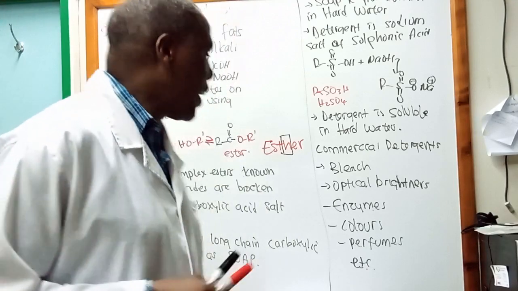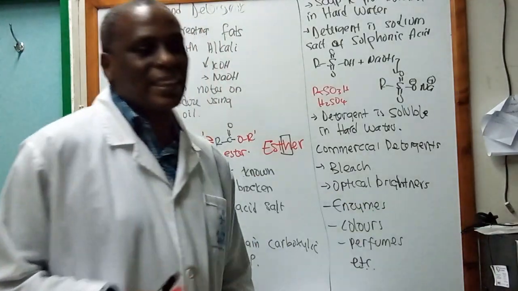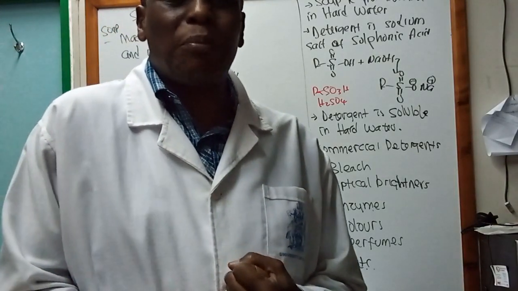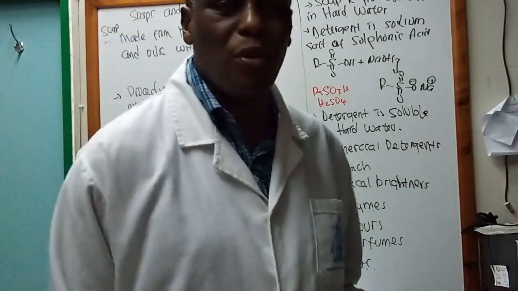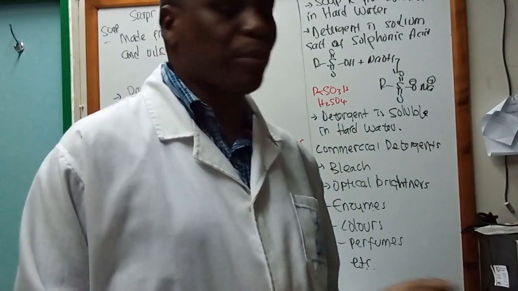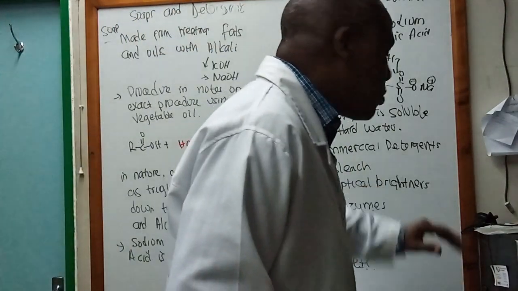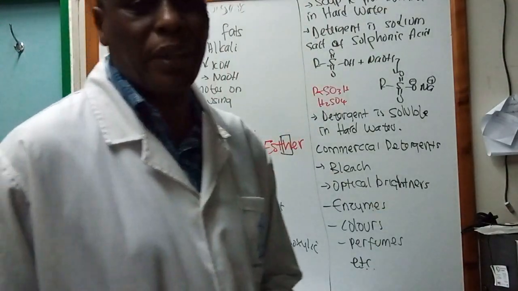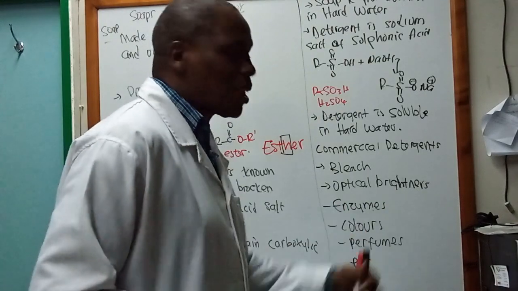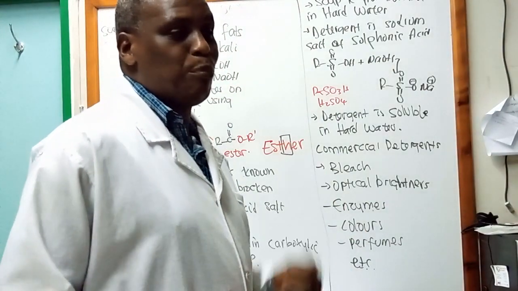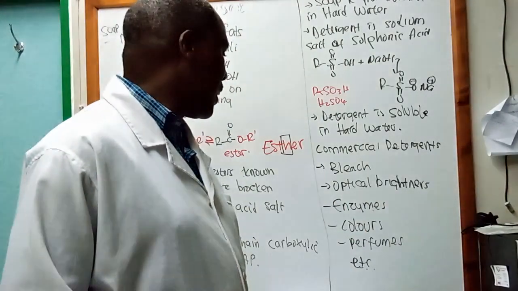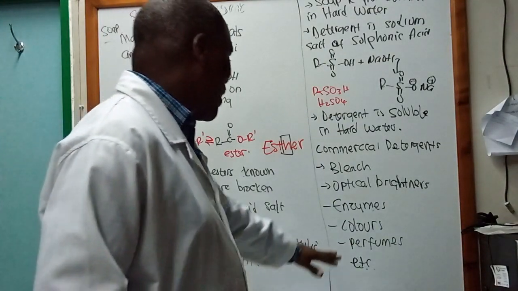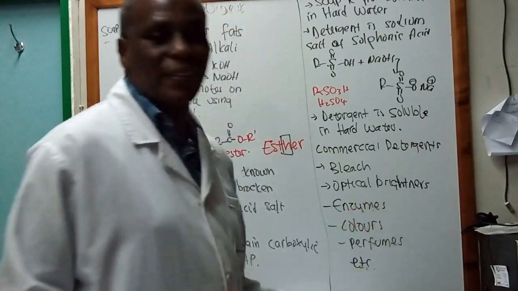So this soaking makes use of the enzymes that are added in the detergent to try to break down some very stubborn covalent bonds. Like in this case, there can be proteins. So the enzymes which are available in the detergent are going to break down some of those bonds before they cannot be removed by the detergent. Then there are colors, different colors, perfumes, and the rest.